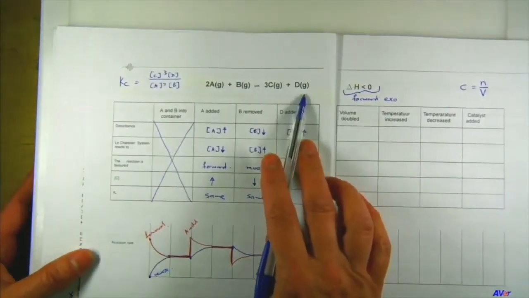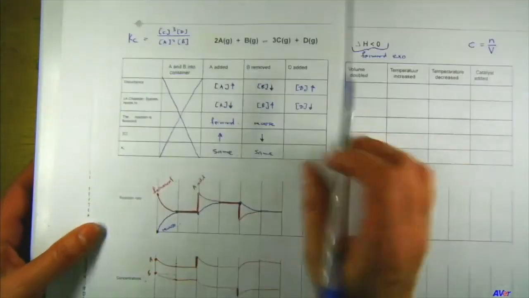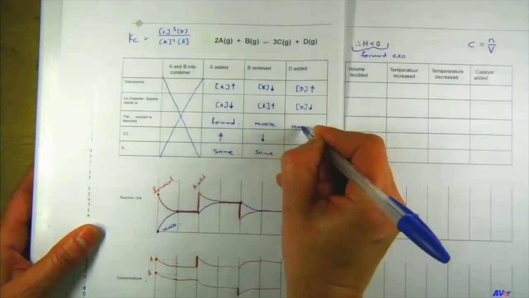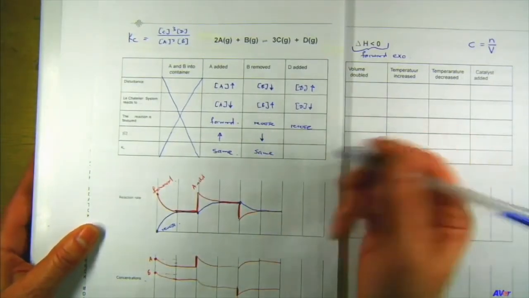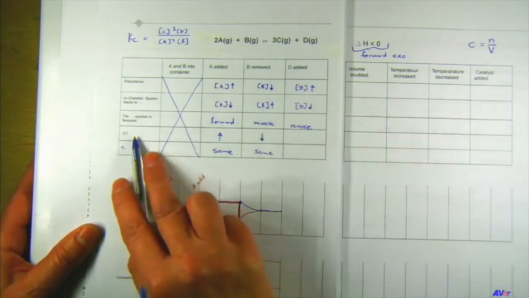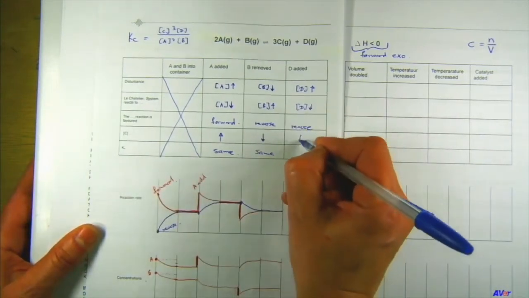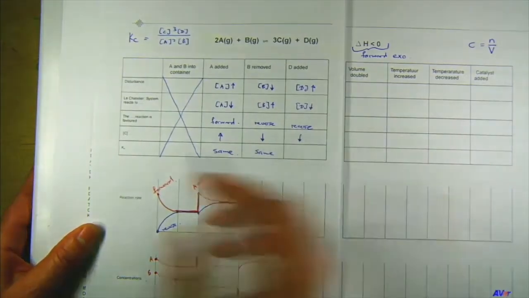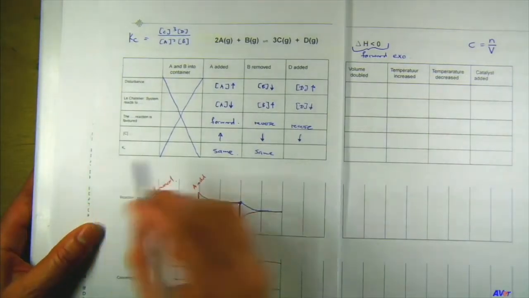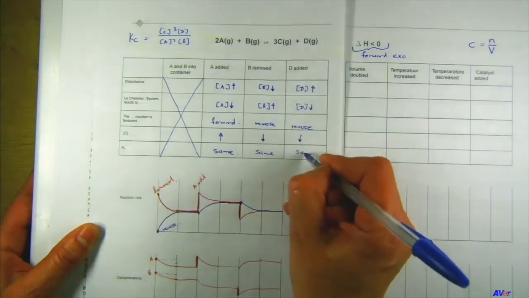Which reaction must be favored? Reverse reaction. What will that make happen to C? If I want to sell C's, this is bad news because the concentration of C is going down. And what's happening to the Kc value? Nothing. It stays the same.